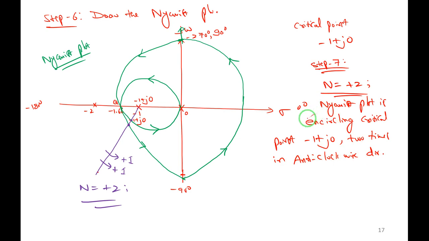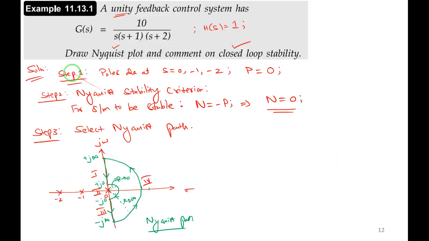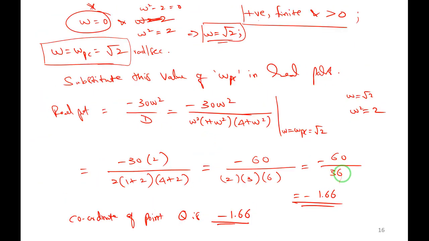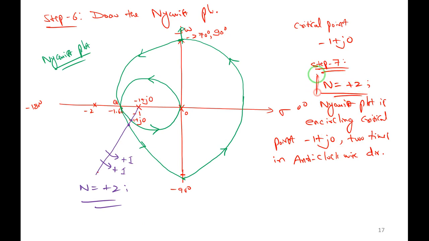But go to step 2. What is the stability condition? In step 2 it says n should be 0. If n is 0, then the system will be stable. What value of n am I getting here? I am getting n equal to 2.